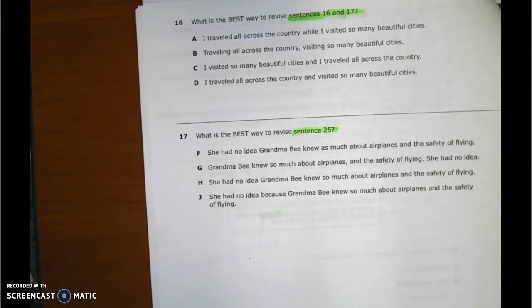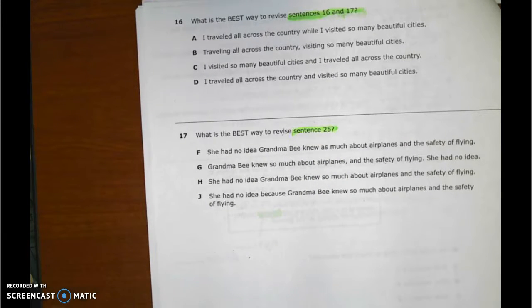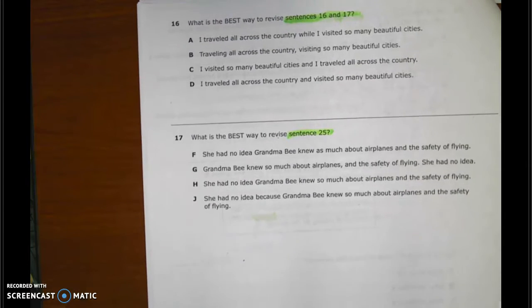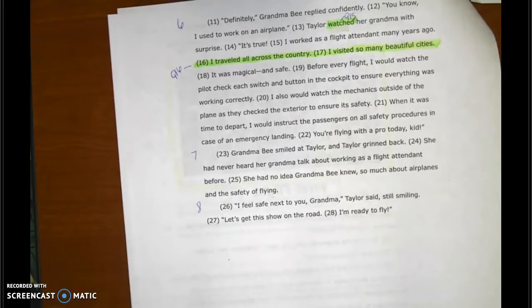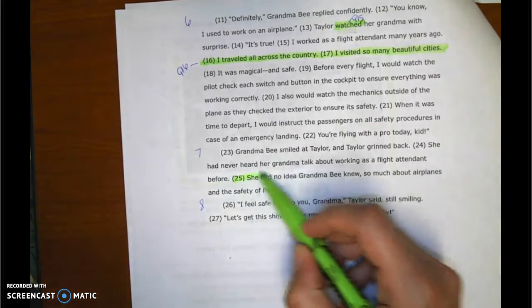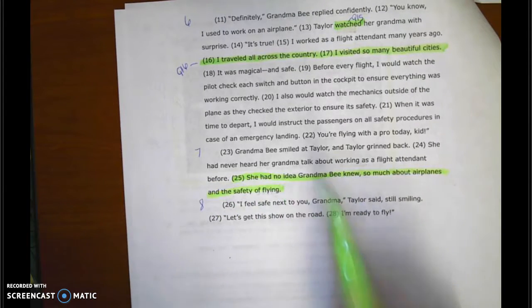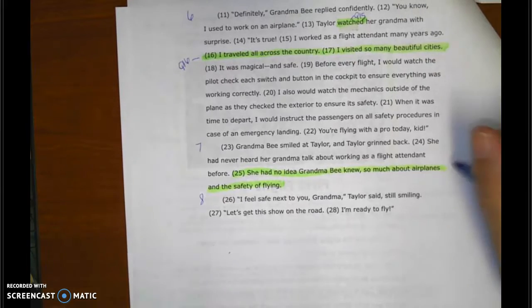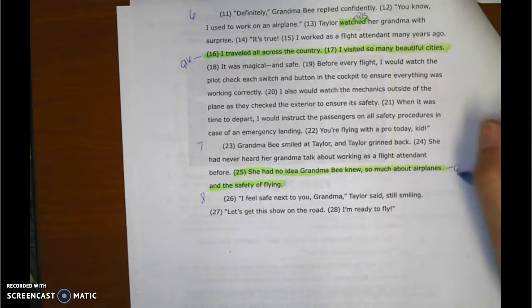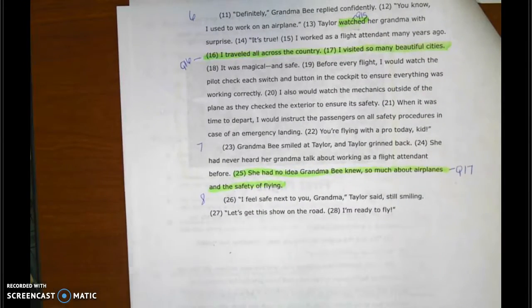Sentence 25. So what do I do now? If you said go back to the text, then you are absolutely correct. You are growing and getting better, and I love it. So, sentence number 25. Going to highlight it. And I'm going to put question 17 right there.